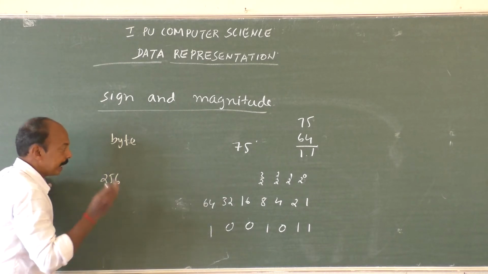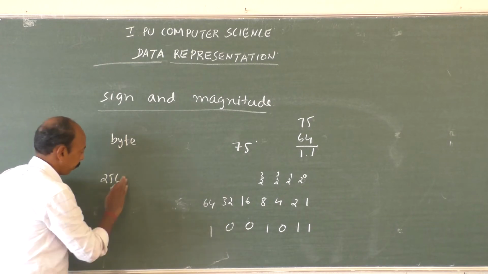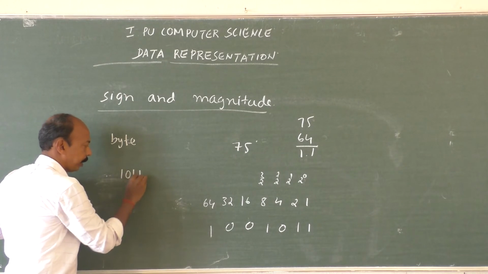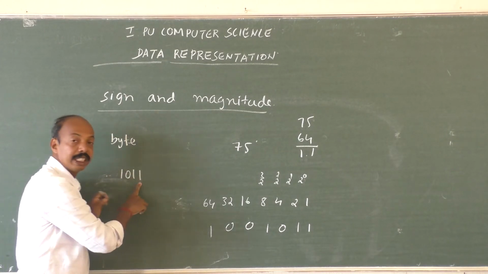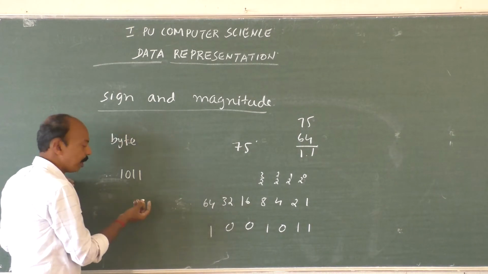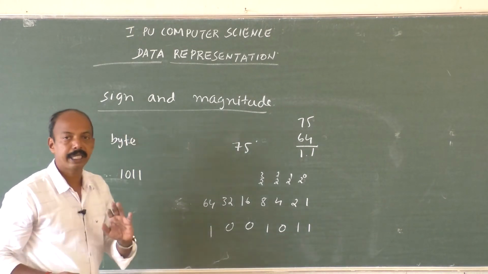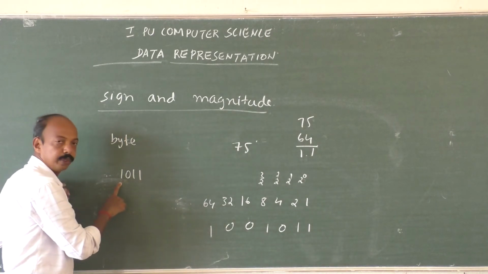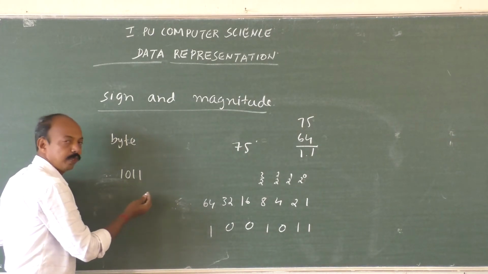But when we write a binary number, suppose we have the value 1011, here we won't call it a digit, we call it a bit, isn't it? So what's a bit? A bit can represent either 0 or 1. How many bits are there? 1, 2, 3, 4. 4 bits are there. What is the full form of bit?